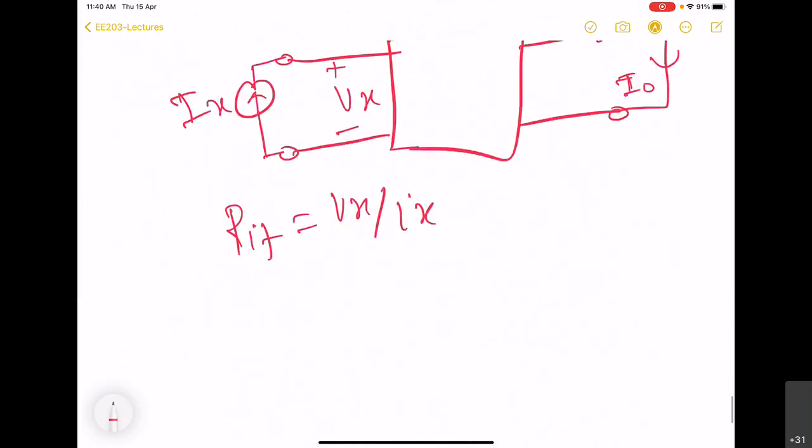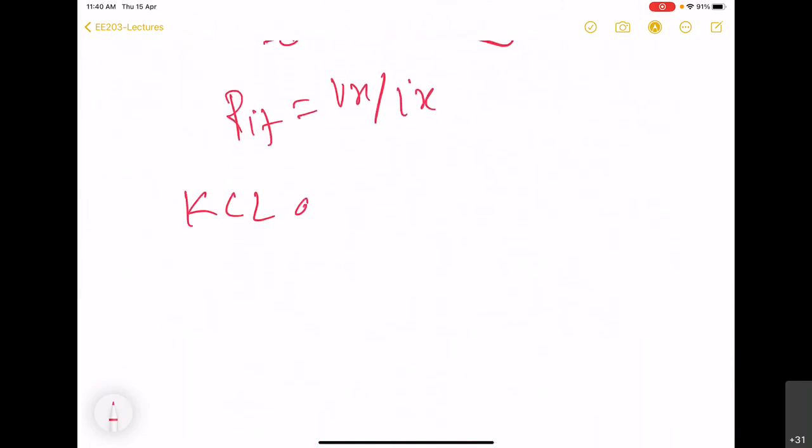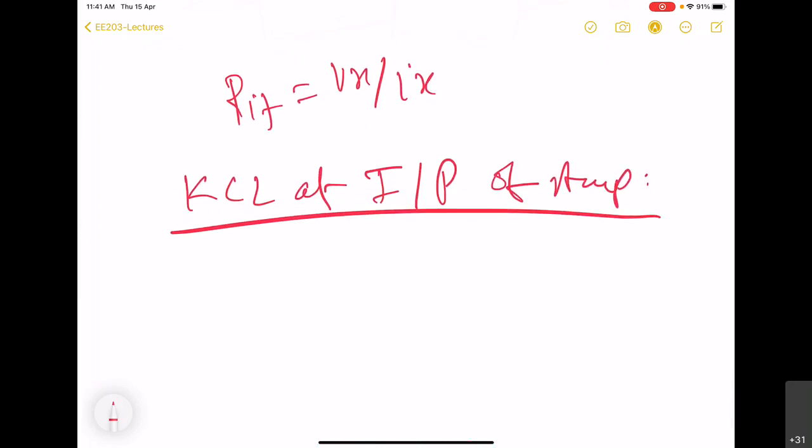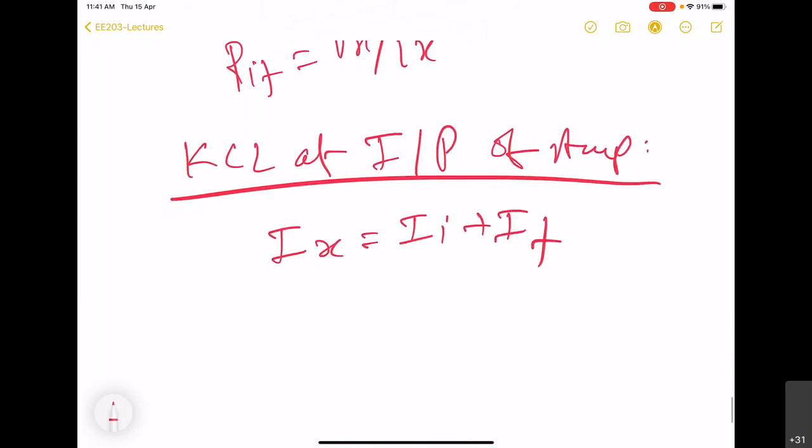So let us first try to write KCL at the input side of the amplifier. There we see that the external current that we have applied is equal to II plus IF. And this II is going to lead to a voltage across the input of the amplifier divided by Ri.